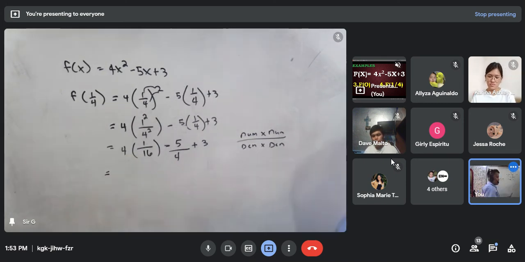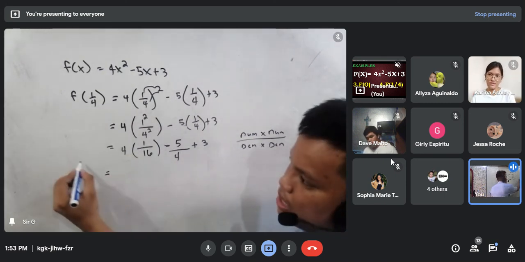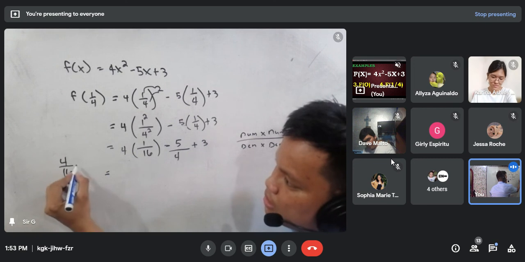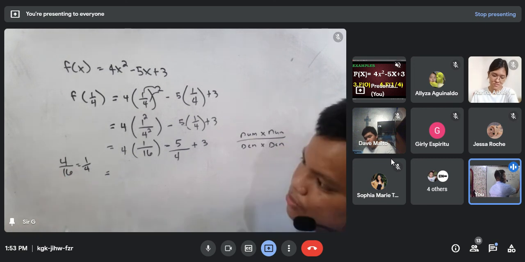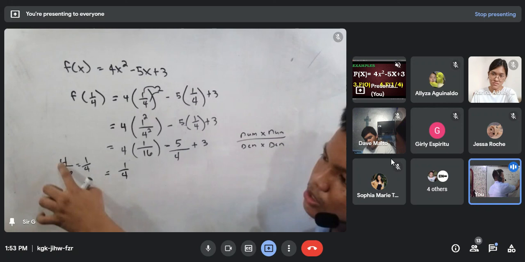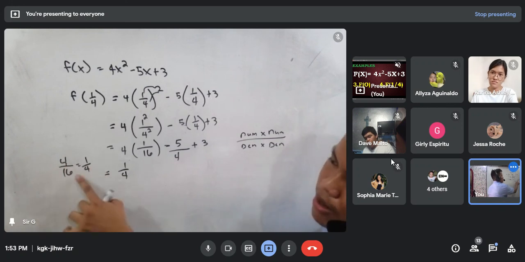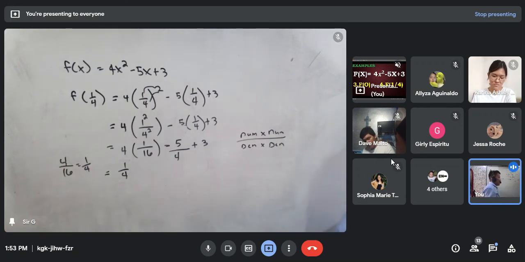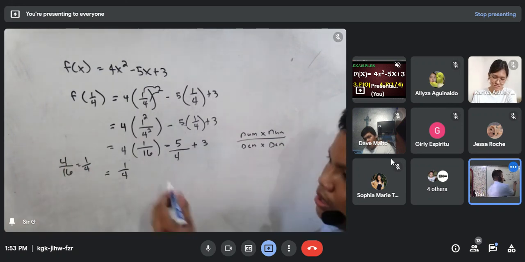So, very good. 4 over 16 is equal to 1/4. That's why it became like that. We divide both by 4. 4 divided by 4 is 1. 16 divided by 4 is equal to 4. So that's why it became 1/4.